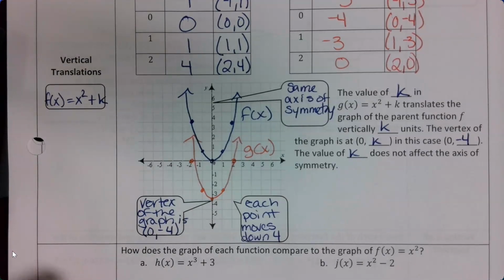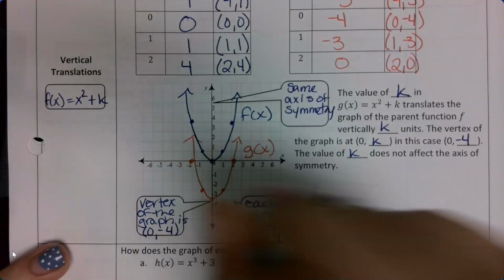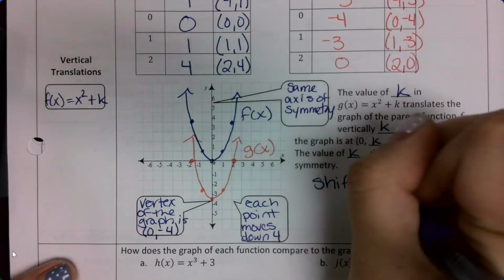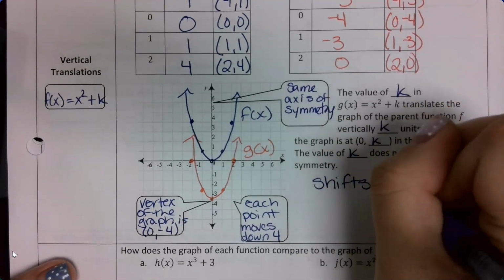So what this question is really asking me to do, it's not asking me to graph. We just graphed it so we could see. It wants me to say in words what is happening. So my red graph is shifting down 4 units.